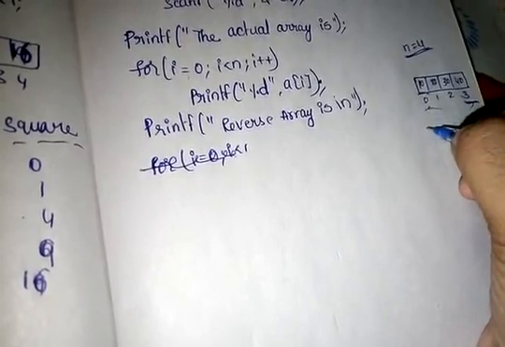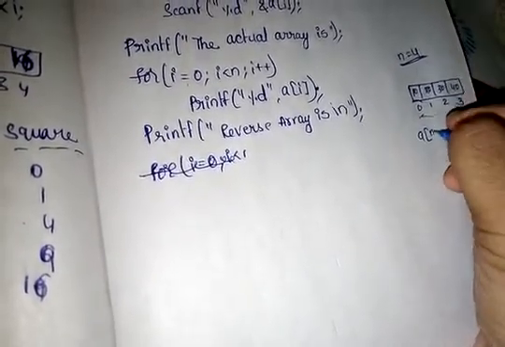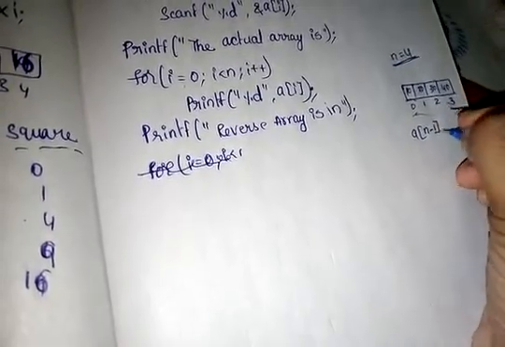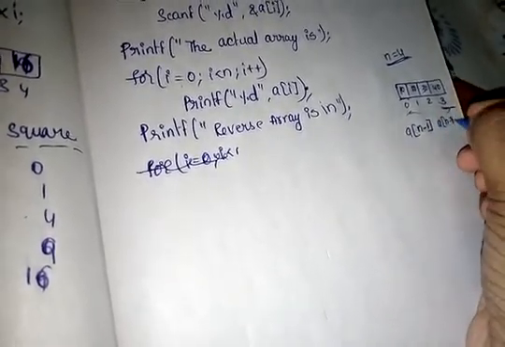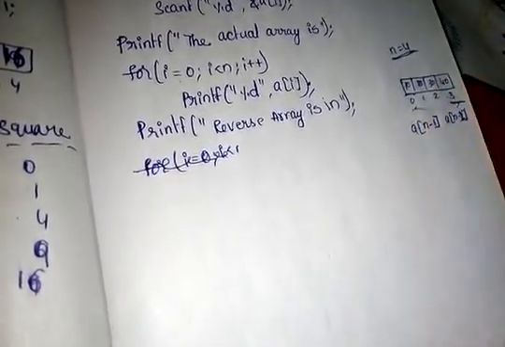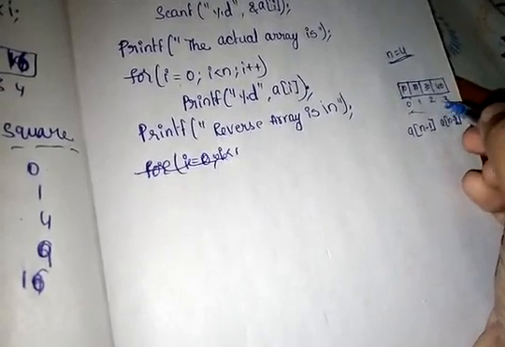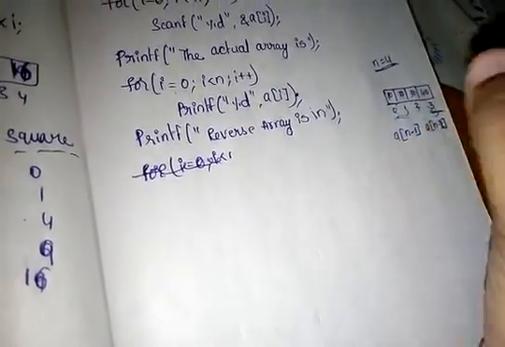So index 3 will be printed first. So I need to print a of n minus 1 first, and then a of n minus 2. Likewise I need to decrement my index value. 3 minus 1 is 2, 2 minus 1 is 1, 1 minus 1 is 0.